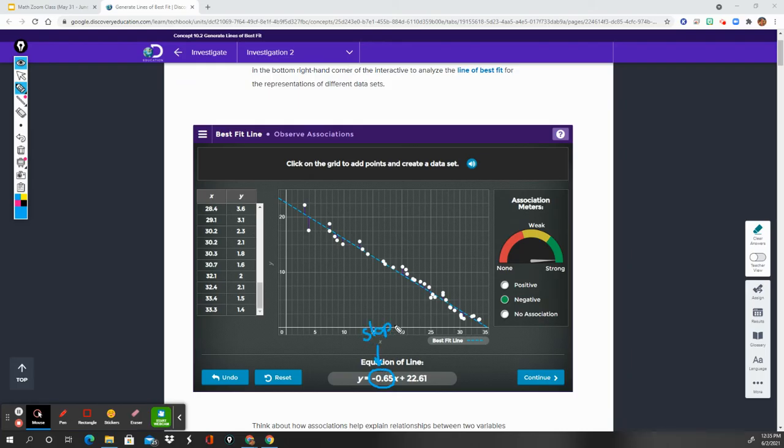Notice it's negative, right? That's what that negative tells me. And then my start value is where it started right there, which is 22.61. Just out of interest, we did lots of work on linear equations, and this is evidence of what this linear equation is for this line of best fit.